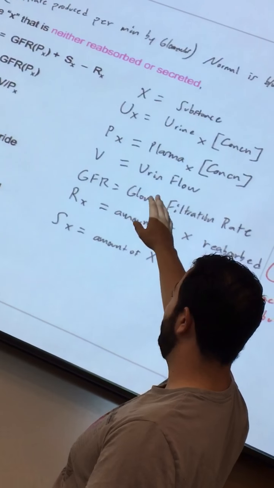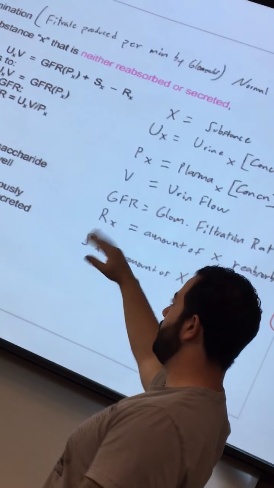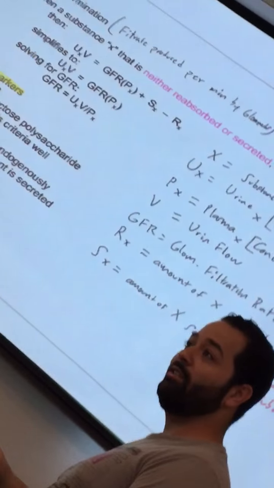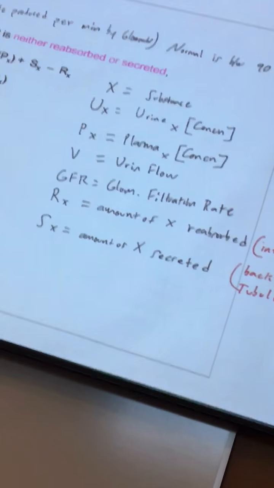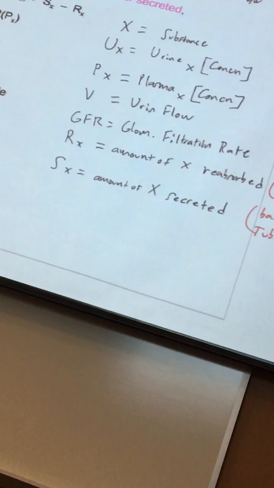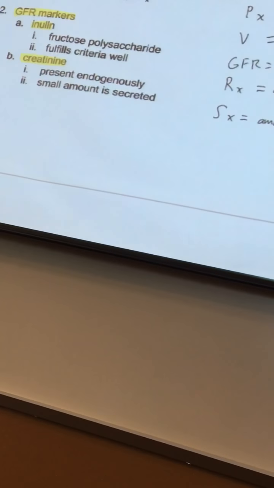So you simplify your equation to GFR equals the concentration in urine times the flow in urine divided by the plasma concentration of substance X. That's why you rearrange that equation: you're bypassing that second mechanism. Again, reabsorbed back into the blood, secreted back into the tubule. Very important.